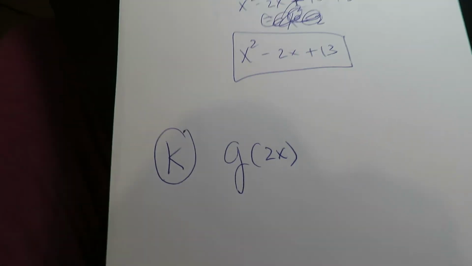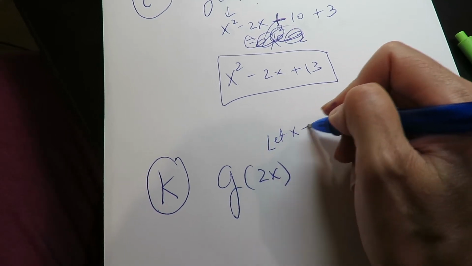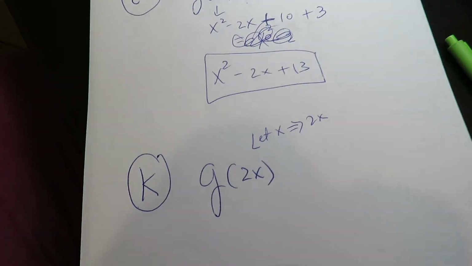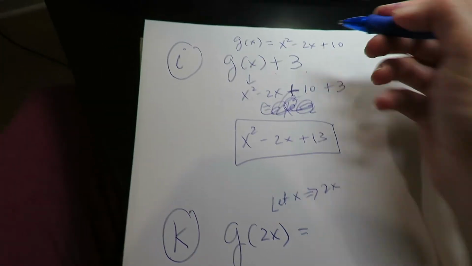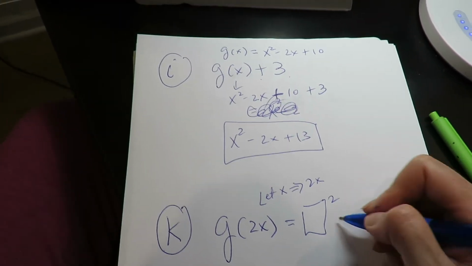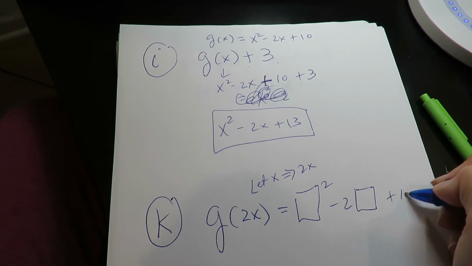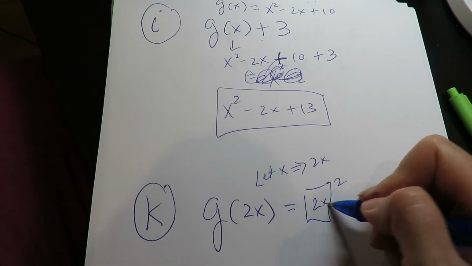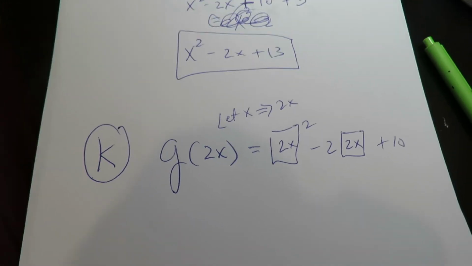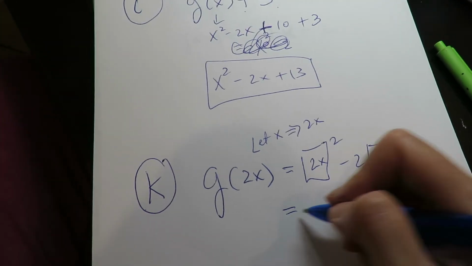All right, here we go. We're doing a substitution. This says let x become 2x. So everywhere there's an x, you make it 2x. So let's try that. I'll make boxes because some people love boxes. Everywhere there's an x in here, put a box, and I'm letting it be 2x. Just like that. X becomes 2x.